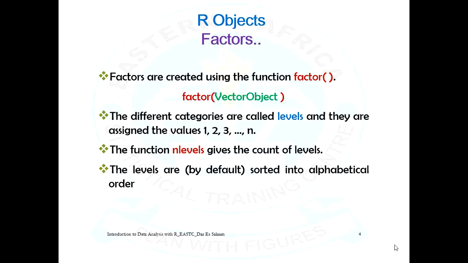You make a vector with these three categories, then you change that vector to a factor. Then R will assign some values to that factor variable, and by default the assignment will be done alphabetically, unless you specify the order in which you want your categories to appear.